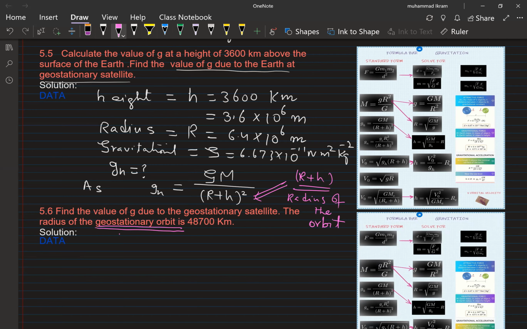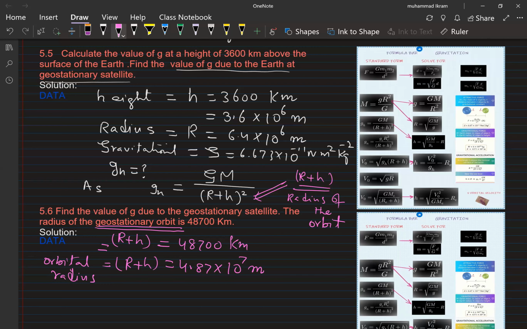So this is the combined R plus h, directly given, and that is 48700 kilometer, or you can say 4.87 into 10 raised to the power 7 meter. So you will just write R plus h, the orbital radius, the radius of the orbit. You must be very careful about these points.